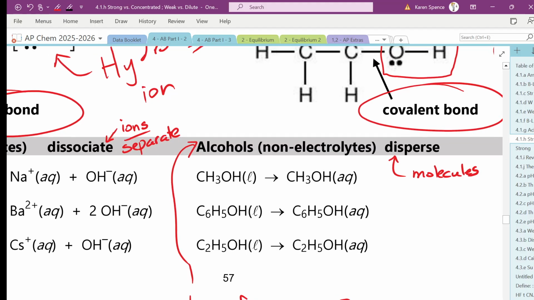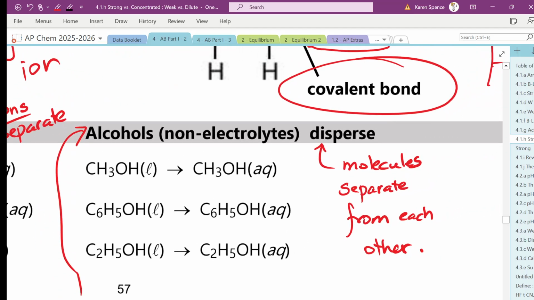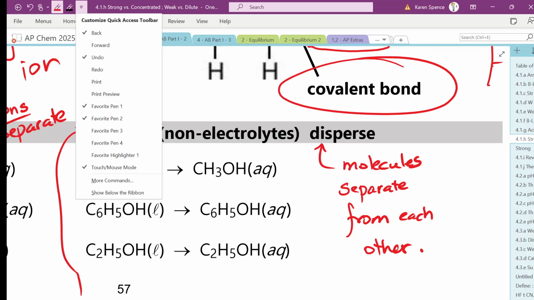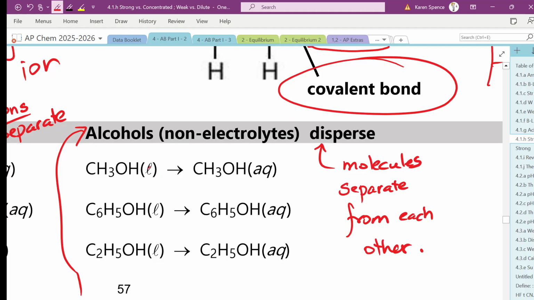Okay, so all you're doing when you have an alcohol going into water, the only thing that changes is the state.